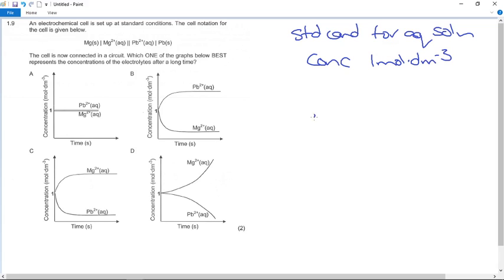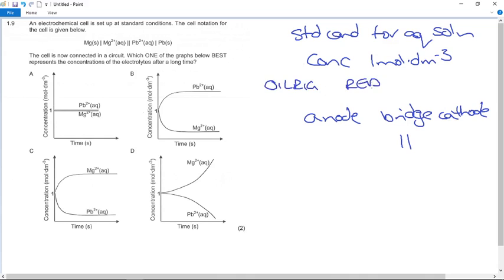So then we know that it goes anode, bridge, cathode, like ABC, because the bridge is the double line. So what happens? We remember OIL RIG, RED CAT. So the reduction reaction is occurring at the cathode, okay? What is reduction?